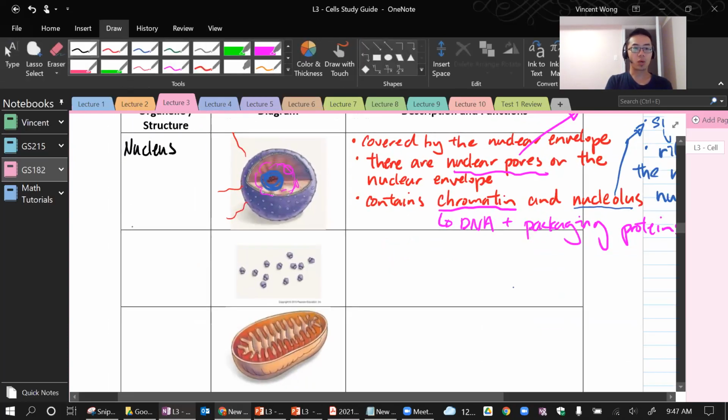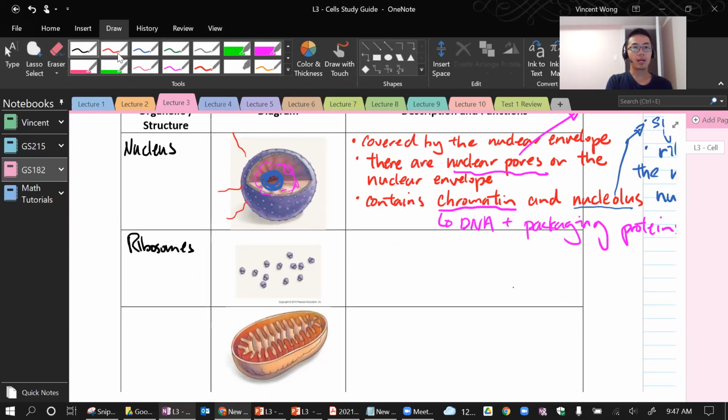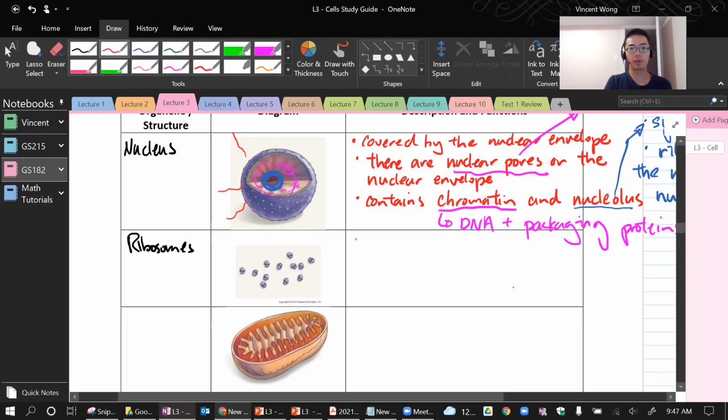Next, we have these ribosomes. Okay, so ribosomes, they are very, very small. Okay, very small compared to the other organelles, right? They might be free flowing in the cytoplasm or stuck to rough ER.